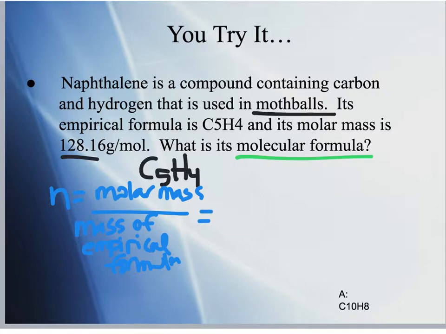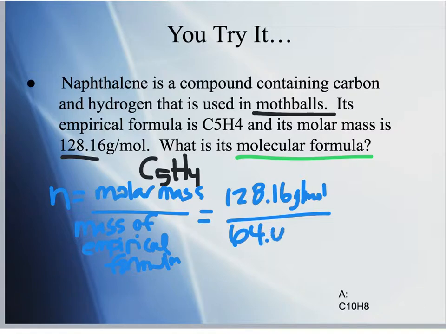So here, our molar mass that we're given is 128.16 grams per mole. And then when we add up C5H4, we get 64.09 grams per mole. So remember, that's from adding up 5 carbons and 4 hydrogens together. We get 64.09. And then when we divide those two numbers, we get 2.